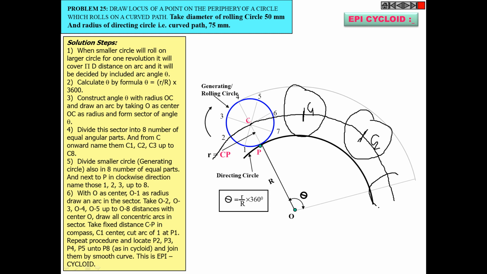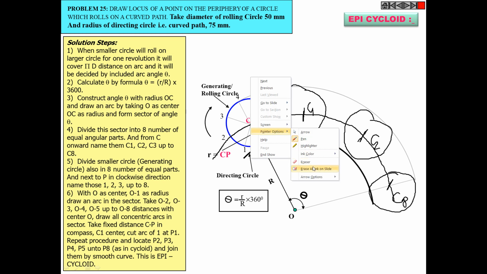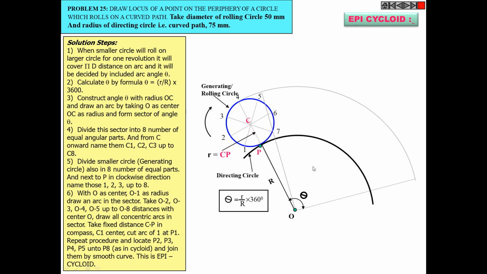Likewise, this will be the center point of your final rolling circle, that is C8. You have to mark those center points, C1, C2, C3, C4, C5, C6, C7, C8. But how to mark those center points? This is the question.